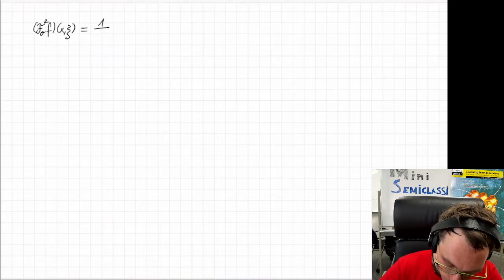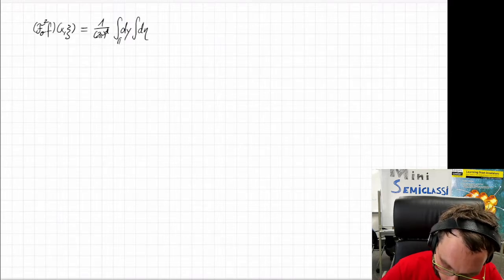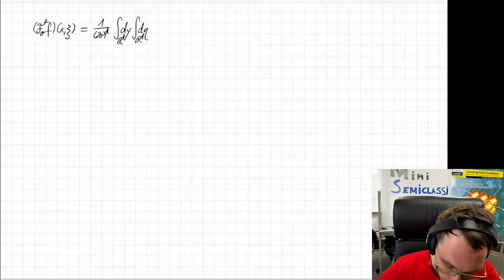And I'm only writing out one of the two Fourier transforms. I'm keeping the other one implicit. And then, okay, I have my phase factor here.